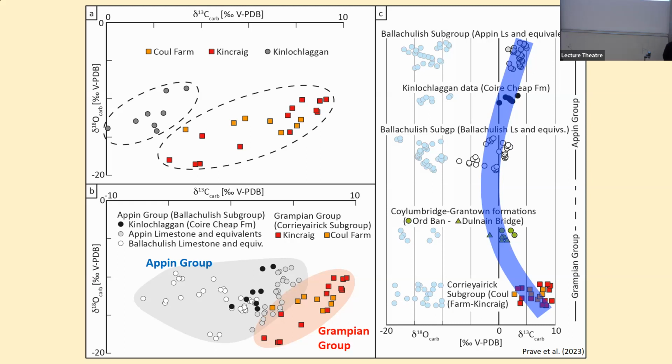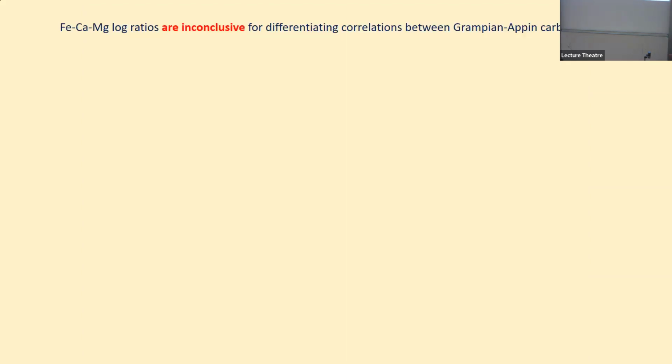So what I think we can conclude from that is that the log ratio oxides of iron, magnesium, and calcium really are inconclusive as a means for differentiating the carbonates.